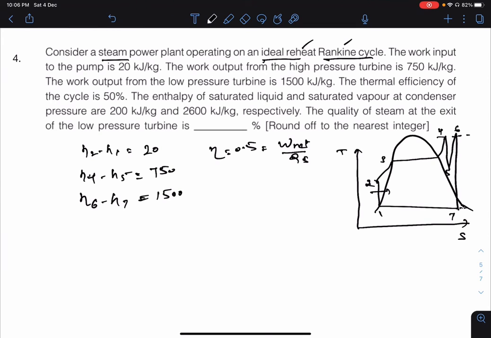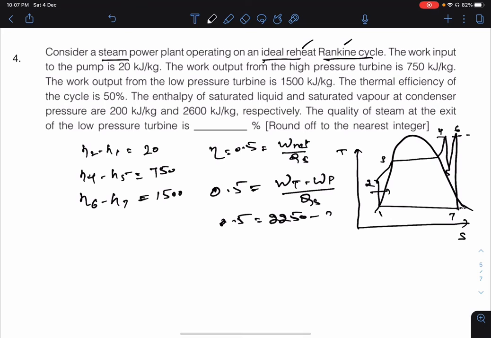So efficiency. So W net will be, 0.5 is equal to W net, work done by the turbine minus work done by the pump, divided by QS. So 0.5 is equal to 2250, total work done by the turbine, minus 20, divided by QS.